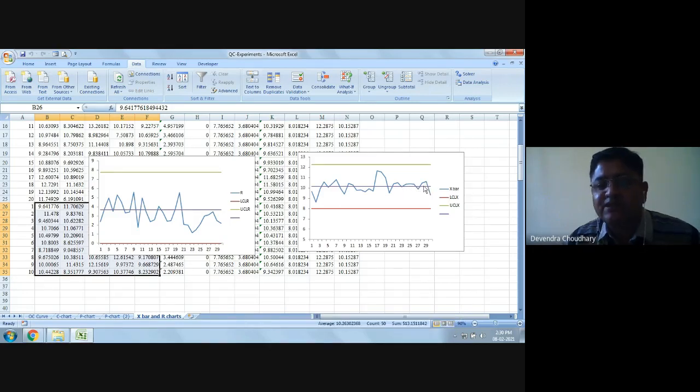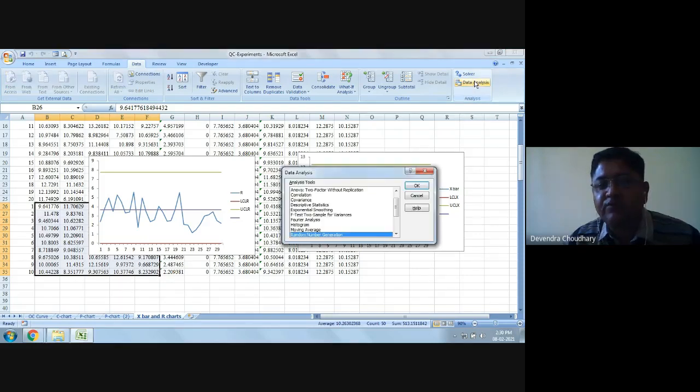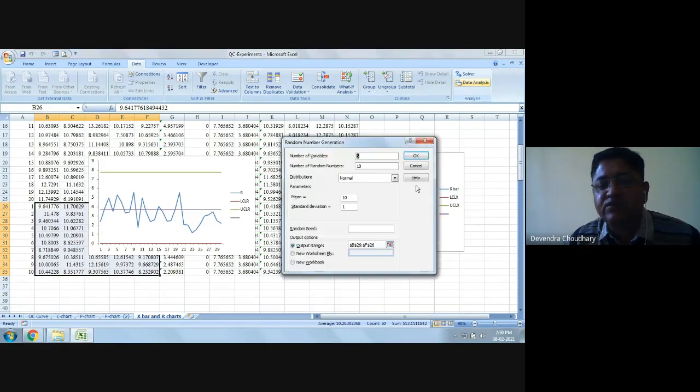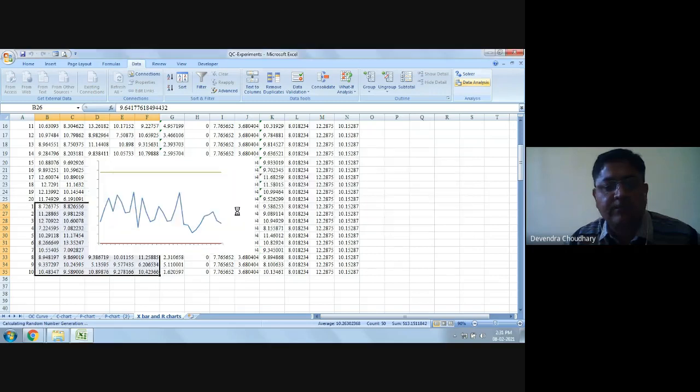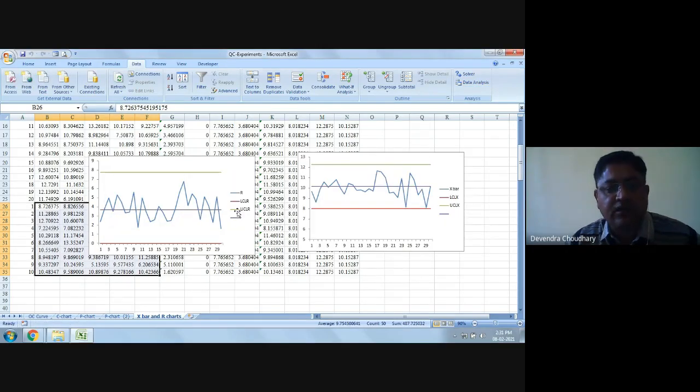Now let's analyze the impact of an increase in variability. What we discussed so far was for a decrease in variability. Say earlier the standard deviation was 1.5, now it becomes 2. What happens? Let's examine. You see here that most of the points on our chart are falling above the central line.